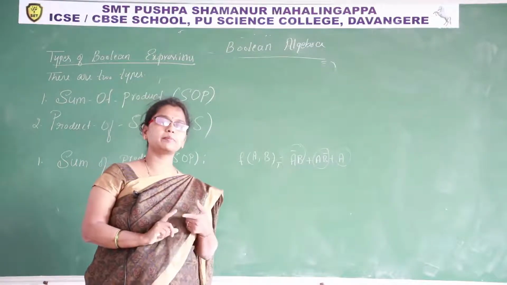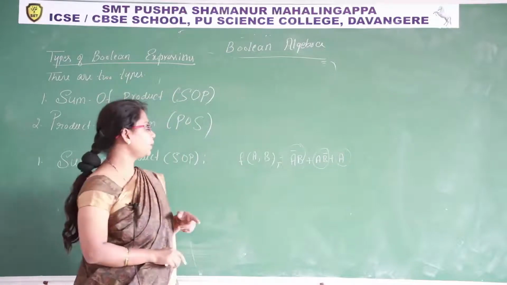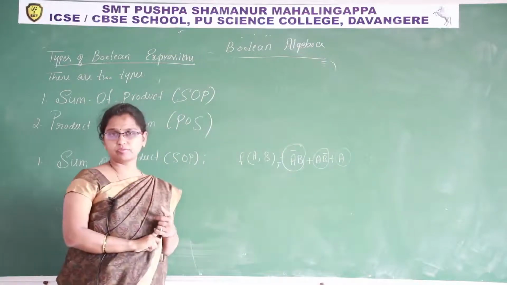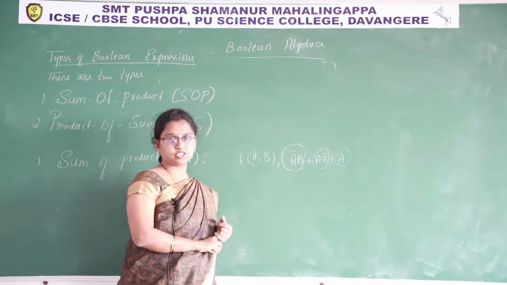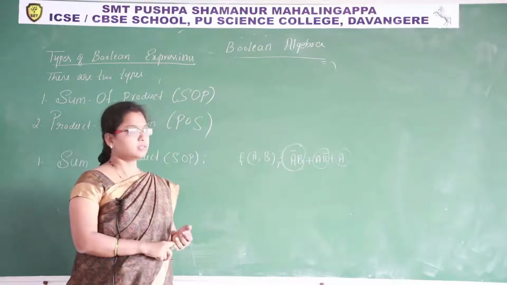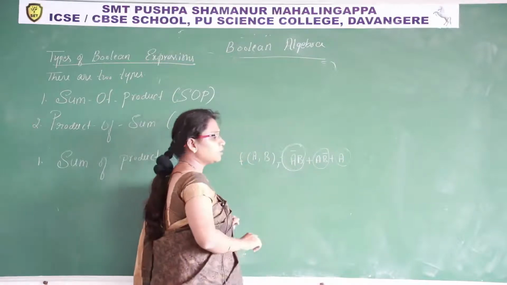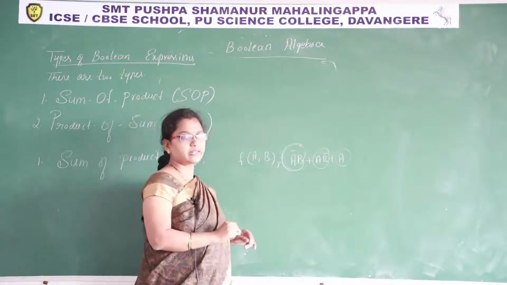These variables may or may not be complemented. That is SOP. Then what is meant by min terms? It is a logical product of all the literals present in the Boolean function. Then what is a literal? Each individual variable of any Boolean expression we call a literal.